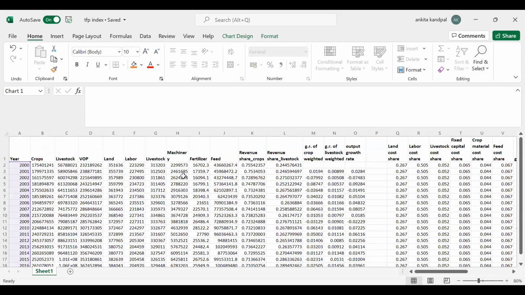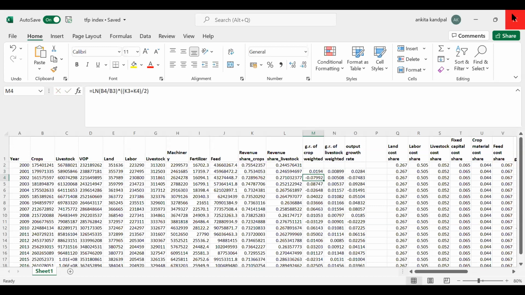The Divisia index is the same, but in the Tornqvist index we have taken the average of 2 years for calculating the growth rate of each output and input. In case of the Divisia index, we will not take the weighted average of 2 years, but only the share of the current year will be used for calculating the growth of output of the current year.